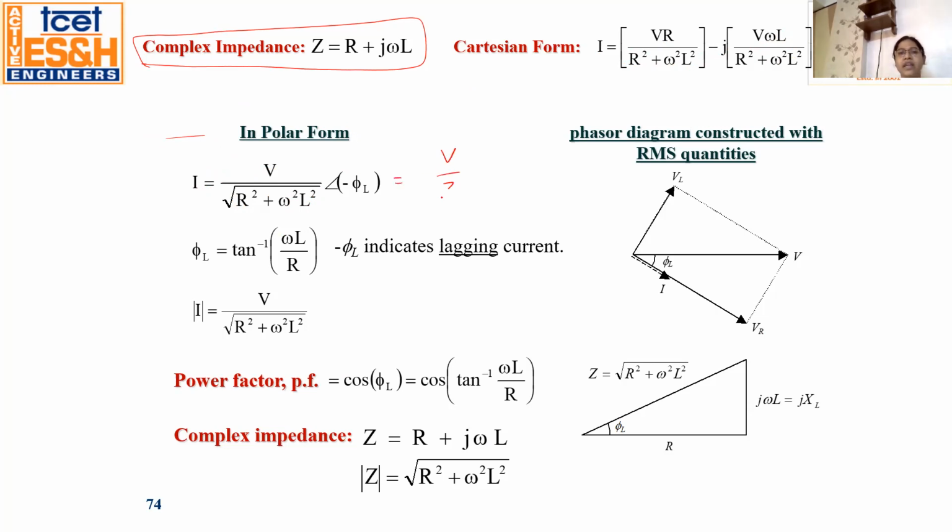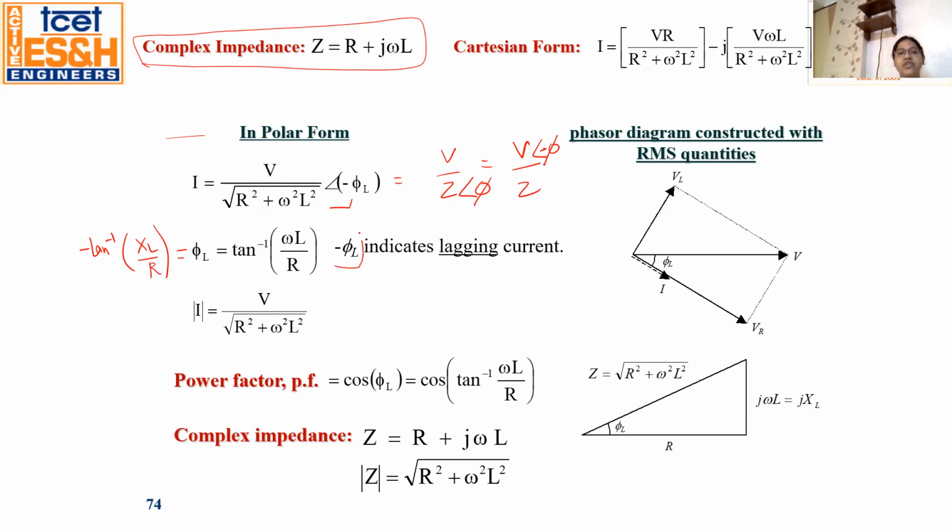You know I is V by Z, so we can write it like this. And here phi is tan inverse of omega L by R, or in other form tan inverse of XL by R.